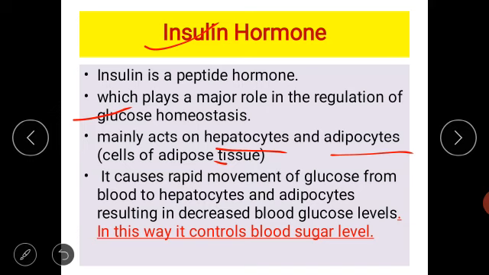When this glucose is stored in the hepatocytes, or liver cells, it is converted into glycogen, and when it is transported towards the adipocytes, it is stored in the form of fatty acid chains.